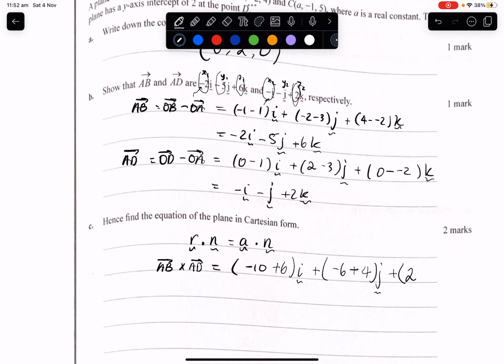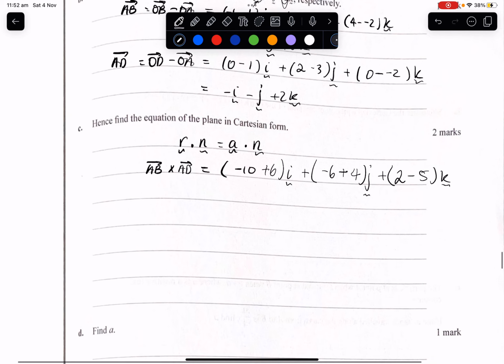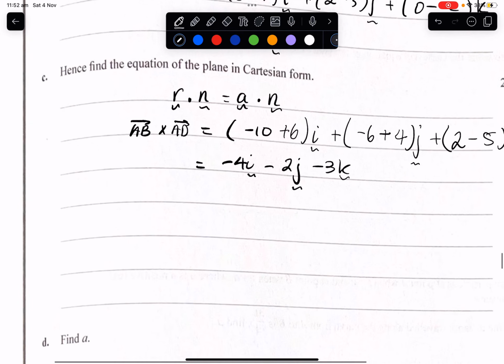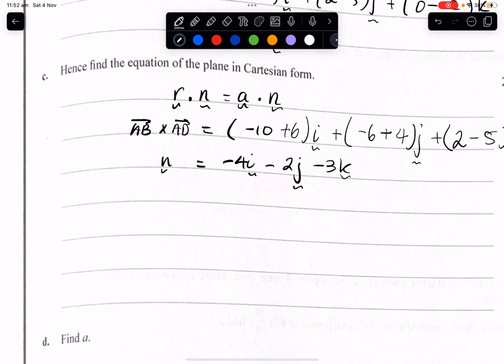Was that right? Yeah, minus 5. Okay. I hate cross products. So that's negative 4i minus 2j minus 3k. Now, so that's n.